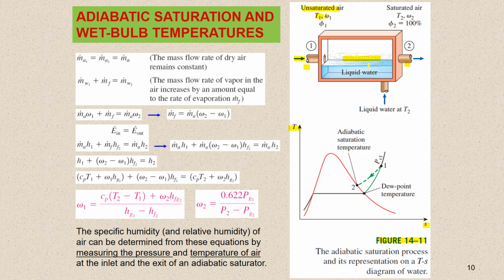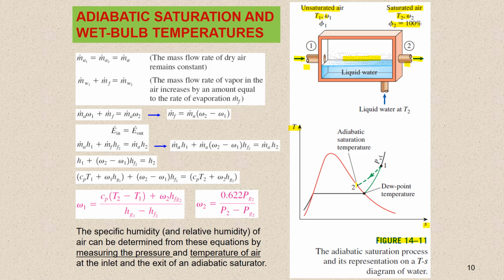The moisture content of air increases during this process and its temperature decreases. Since part of the latent heat of vaporization of water that evaporates comes from air, if the channel is long enough, the airstream exits as saturated air, where relative humidity is going to be equal to 100% at temperature T2.